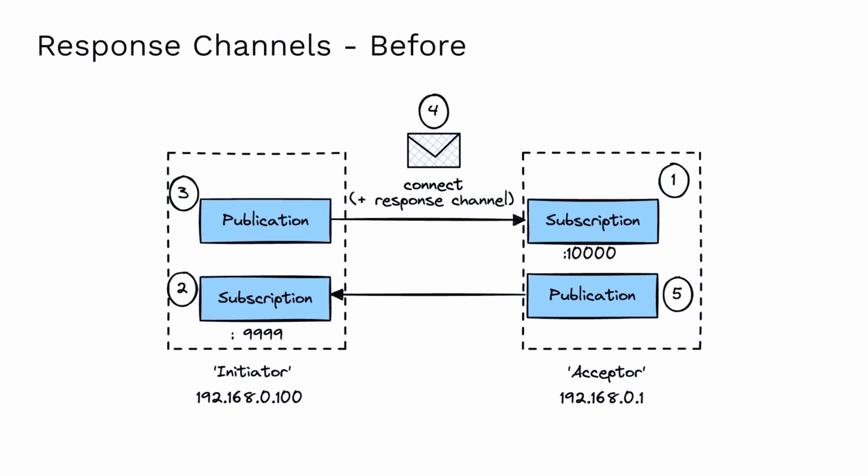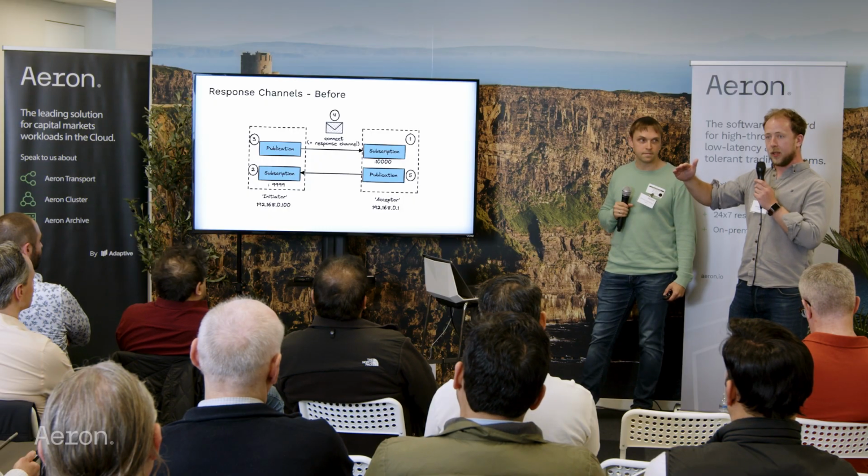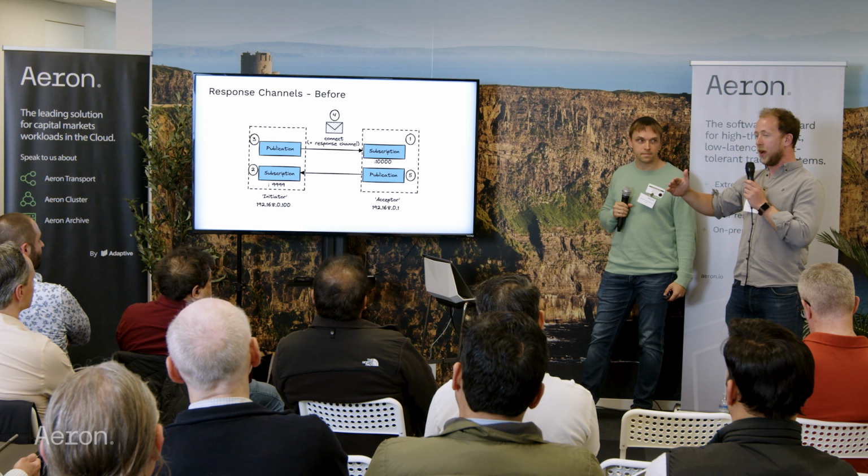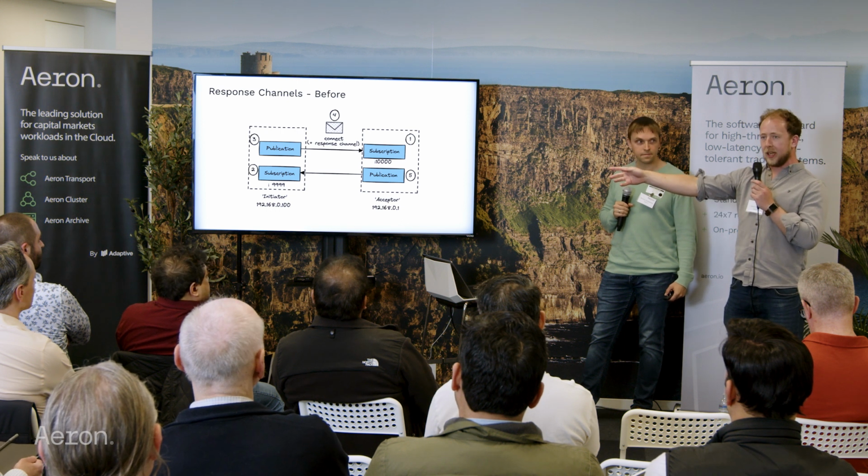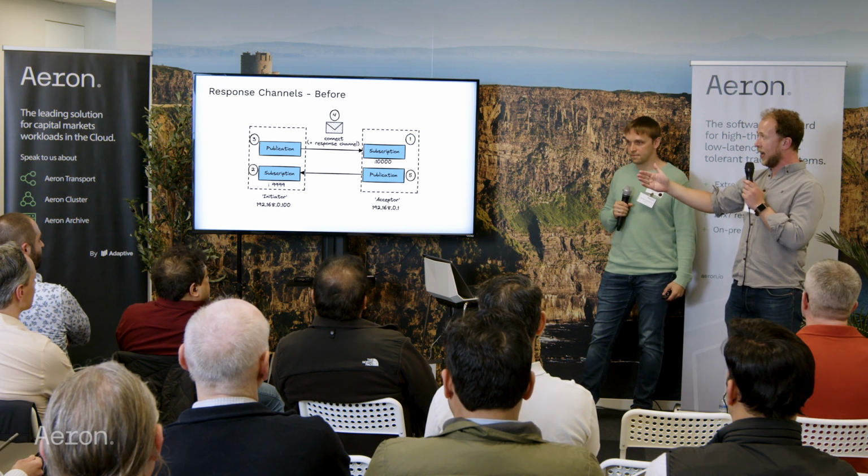It will create a publication to the server-side subscription and send a connect message where it tells the server how to connect back to it. Then the server creates a publication to create that back channel to the client. So in this world, the acceptor ultimately needs to be able to connect back to the initiator, and it needs that route. This is quite difficult in a NAT world because, if that's on a completely different network, how do you establish that route back?